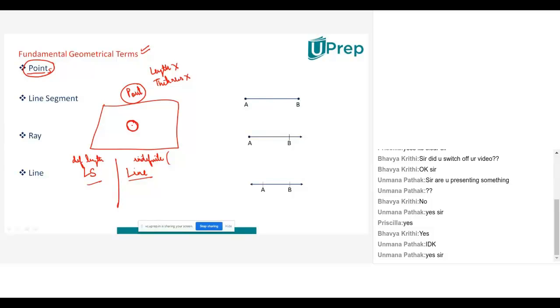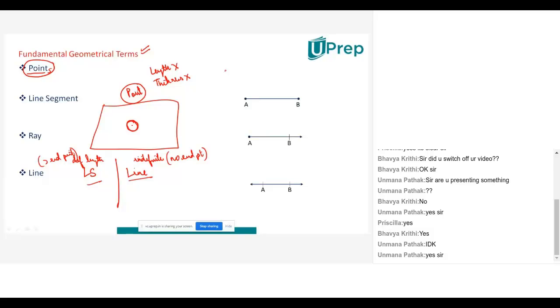Sir, a line doesn't have an endpoint. One by one, guys. We're not in a hurry. Sir, a line doesn't have an endpoint, but for a line segment, there are two endpoints. Okay. I've written down what you've told.